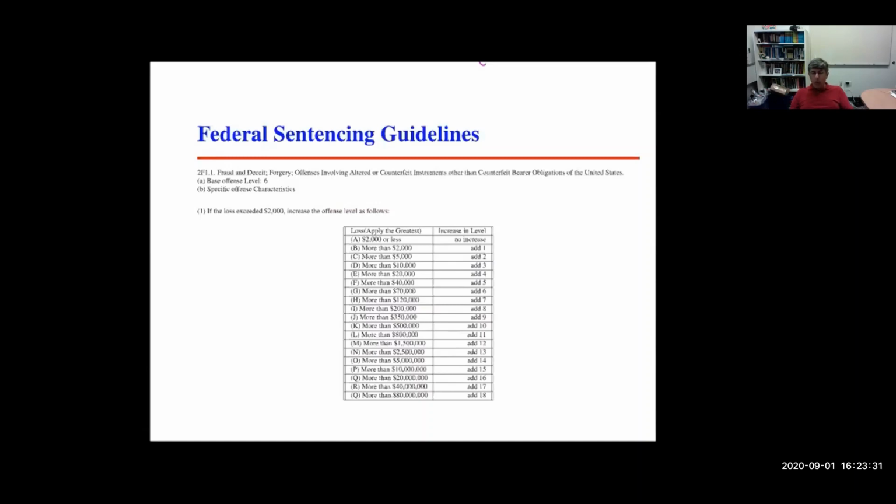I had a friend who was a lawyer who was studying for the bar exam, and he had the federal sentencing guidelines, the rules that govern how much time you should get for stealing some money. And I saw a table like this in the federal sentencing guidelines, which said that if you stole this much money, how many points of criminal sentence should you get?